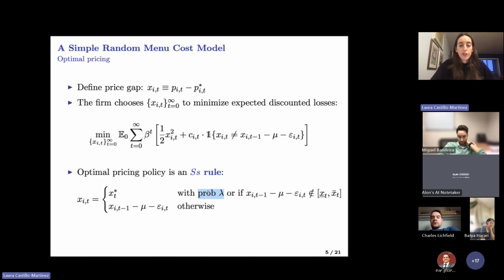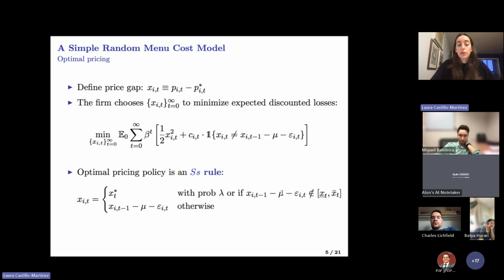It is also possible they adjust even though they don't have a free adjustment opportunity whenever the price moves outside what we know as an inaction region, right? And the inaction region is going to be determined by a lower threshold x lower bar_t and an upper threshold x upper bar_t.